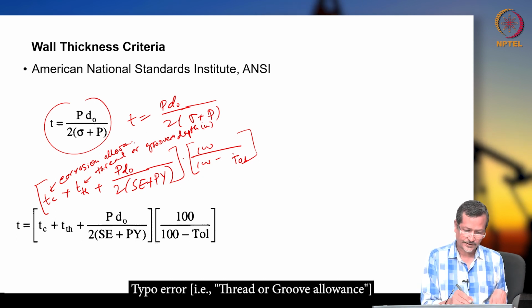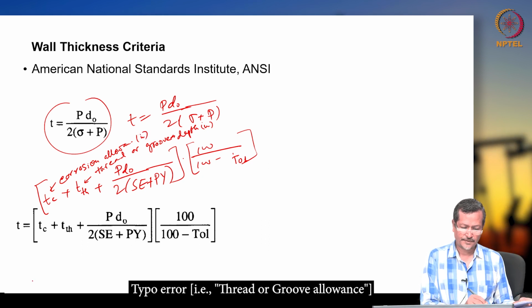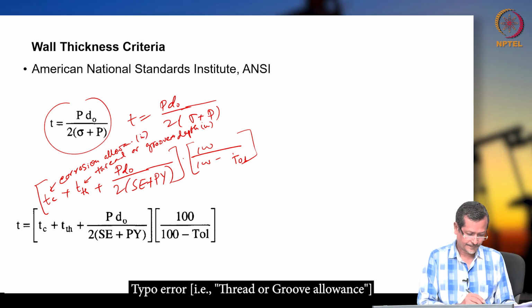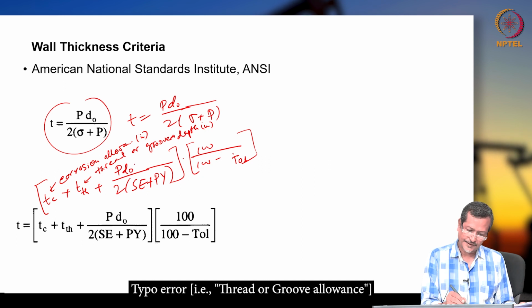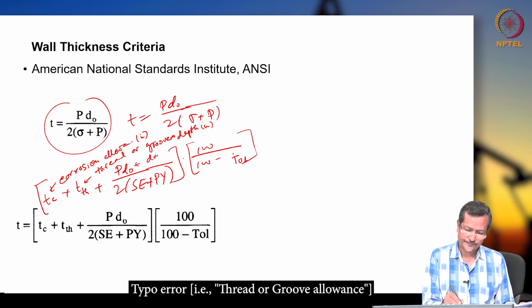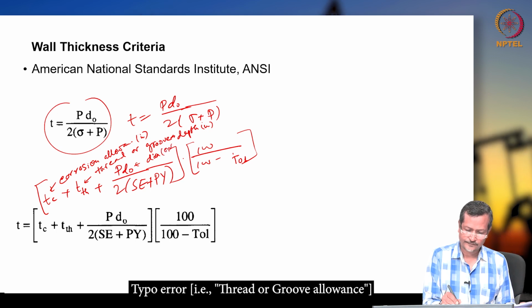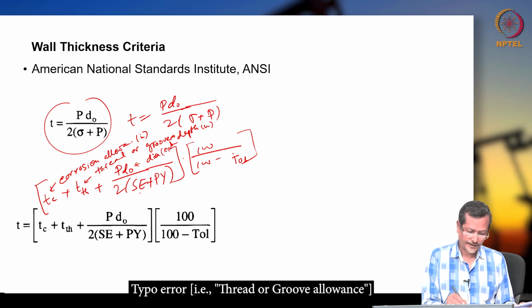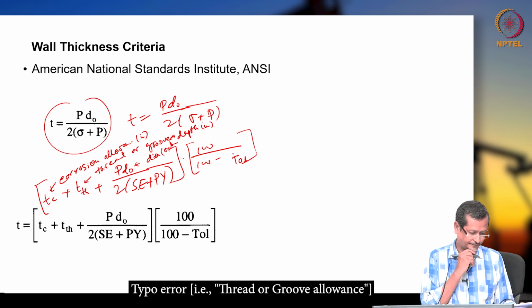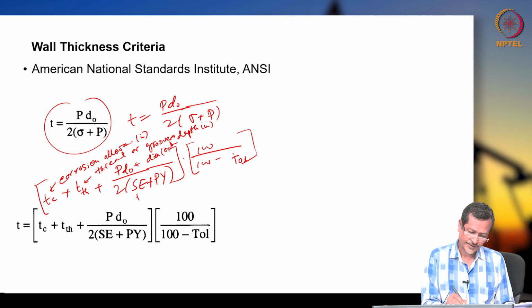Corrosion allowance again in inch, because all units should be the same. P means pressure, and D means outer diameter, and S is allowable stress.